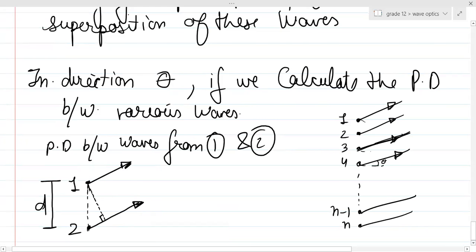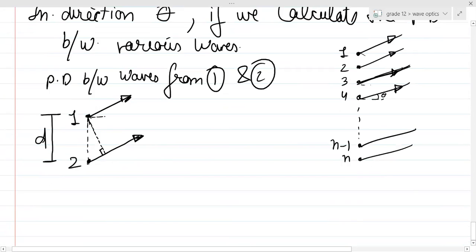If you remember, if this angle is theta, then this angle will also be theta. If this angle is theta, then what is this? This is basically the path difference between 1 and 2, right? Yes or no, guys? This is our wave 1, this is our wave 2. I'm just considering only this much part. Is it clear?